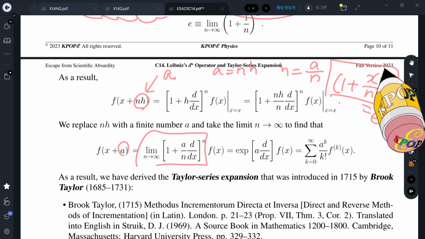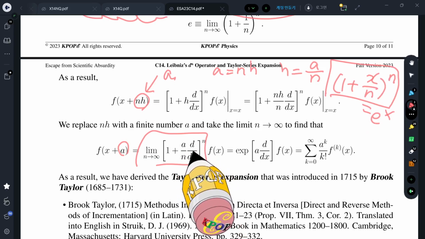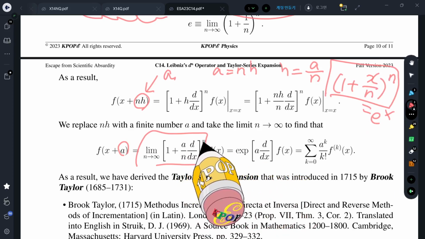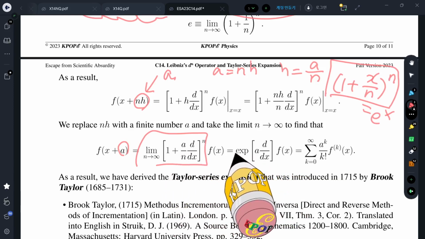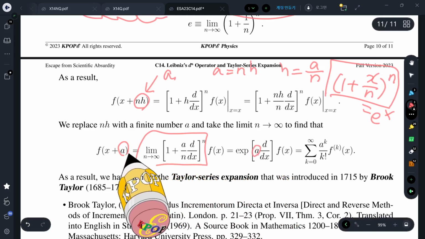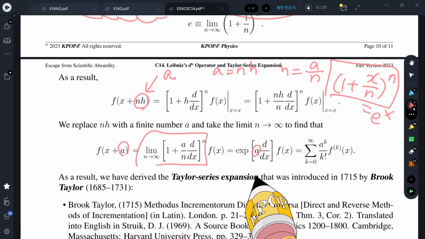Now, it is not a simple x, but a derivative operator. Derivative operator by n times and multiplied by 1 over n. This is the exponential, some finite number multiplied by the derivative operator introduced by Leibniz.